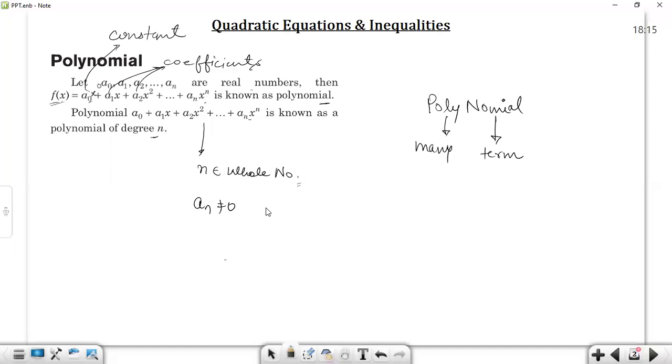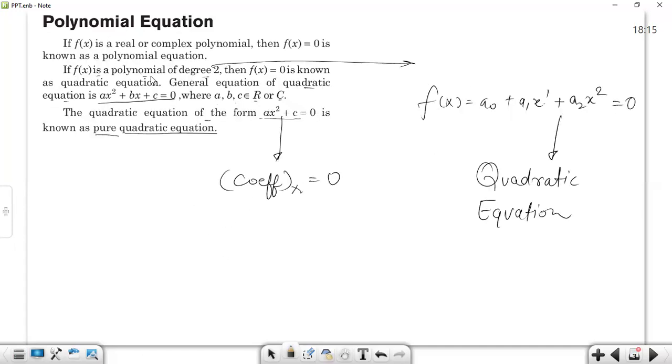Whenever we discuss a polynomial of degree n, it means the highest power of the variable is n. Poly means many, nomial means terms. A polynomial equation is simply when the polynomial function equates to 0.